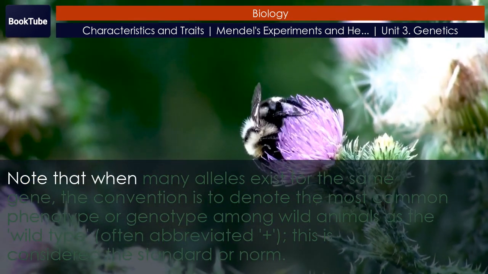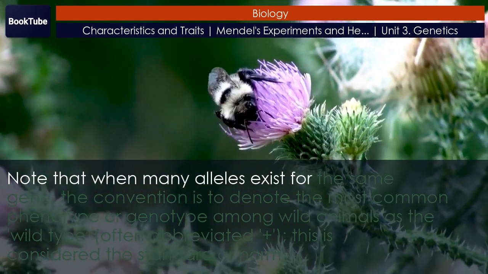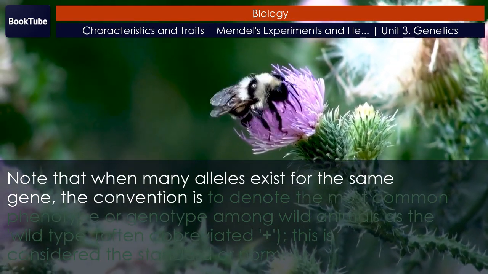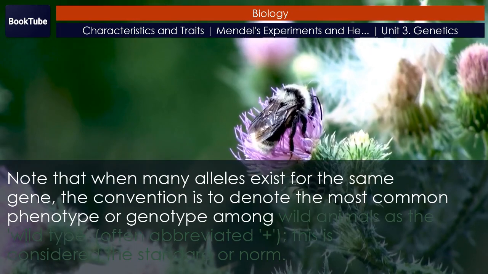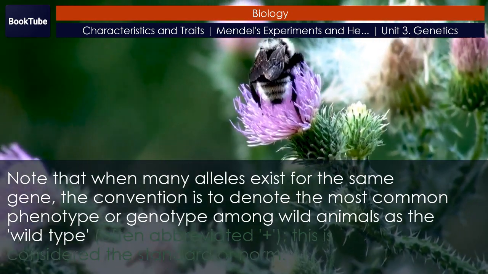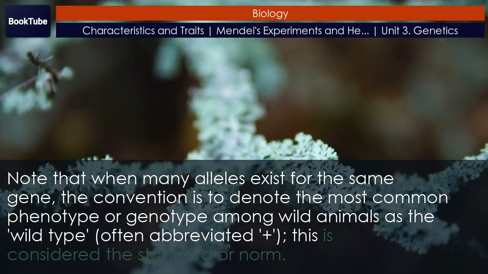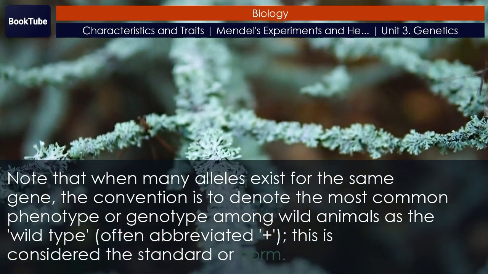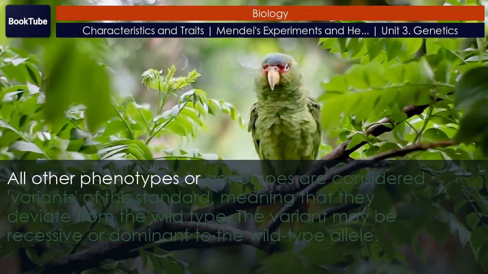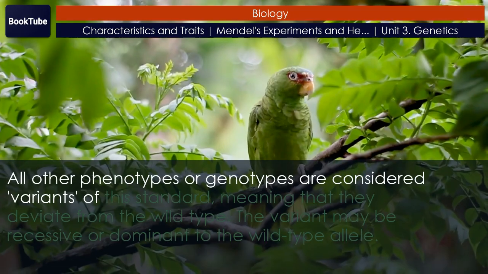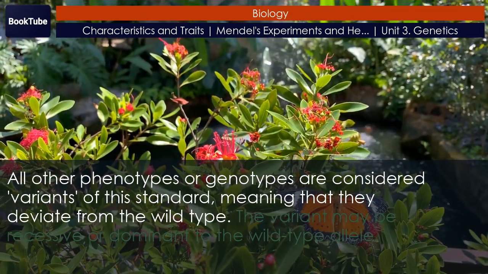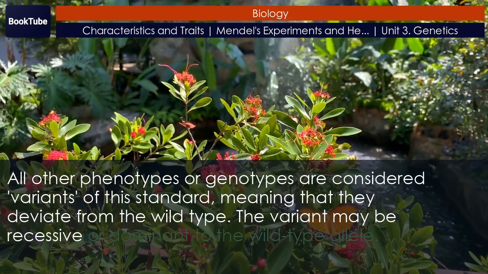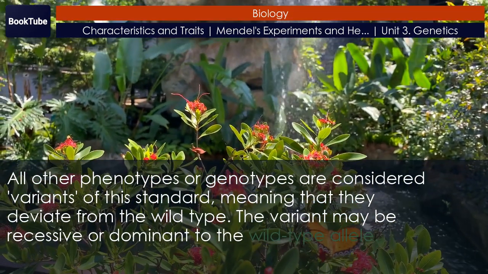Note that when many alleles exist for the same gene, the convention is to denote the most common phenotype or genotype among wild animals as the wild type, often abbreviated +. This is considered the standard or norm. All other phenotypes or genotypes are considered variants of this standard, meaning that they deviate from the wild type. The variant may be recessive or dominant to the wild type allele.